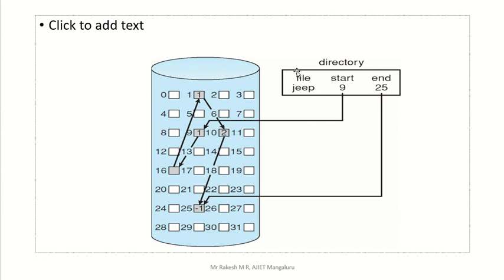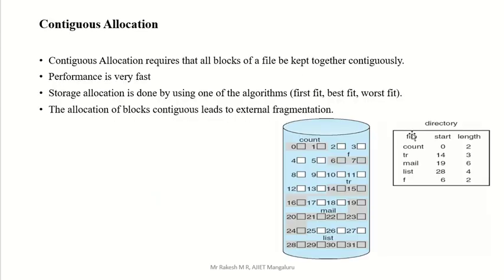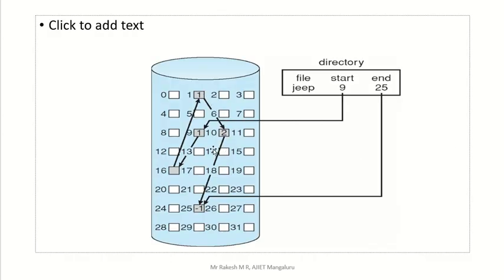So in the directory for the linked list concept, we have to mention what is the start block and what is the end block. That is not there in your previous contiguous allocation, where we mention the start block and the length, because we are storing in continuous fashion. Here we are storing in a random fashion, that's why we have to store start block and end block.